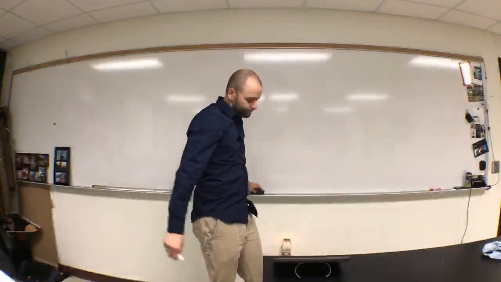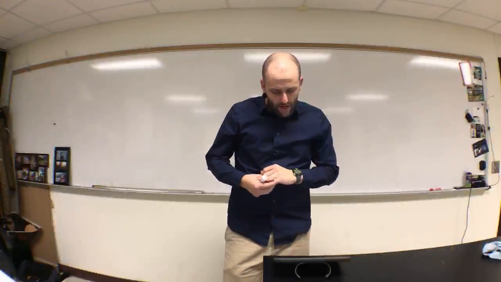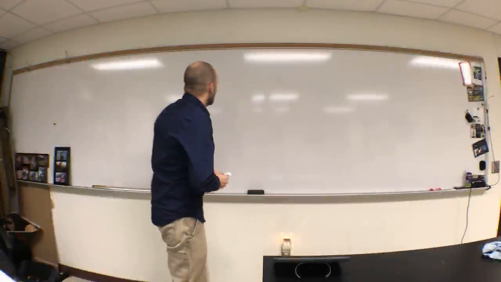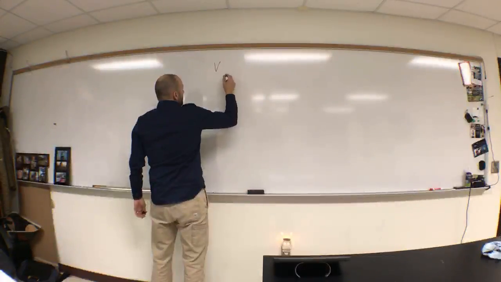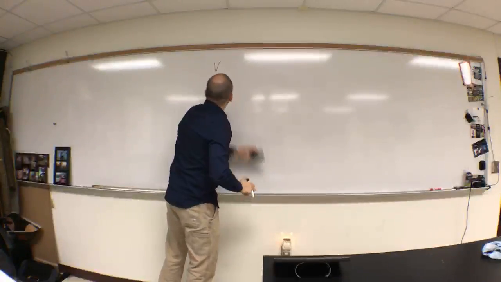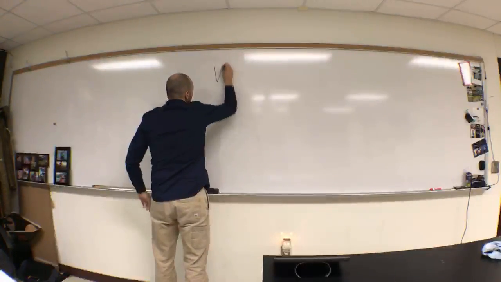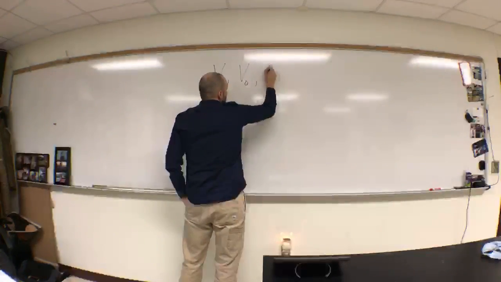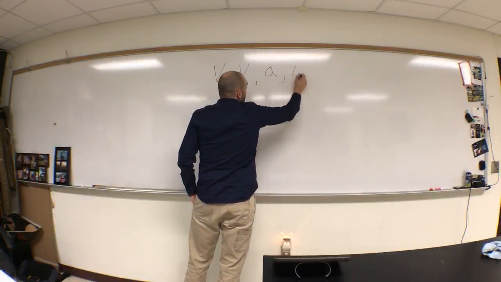Number two, we are looking at the equation that has final velocity, initial velocity, acceleration, and time in it. So we have to have V, let me write that a little bigger. We need V, we need V naught, we need A, and we need time.